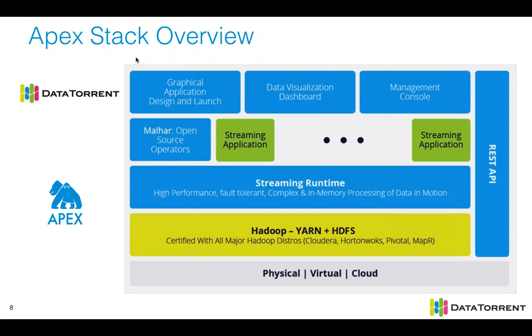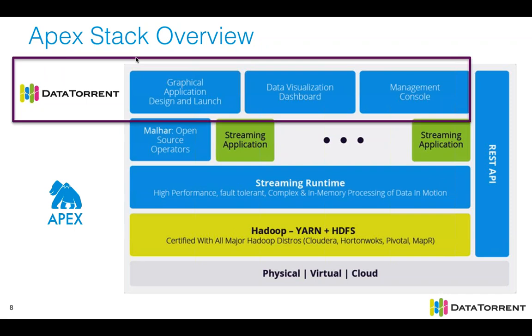And then on top of it, you have the Apex streaming runtime. And on top of it is your application. And on the top level, you'll see some of the value-added tools that DataTorrent provides in its enterprise offering, where we have the management console, that's the operational console. We have a graphical application assembly and a visualization dashboard, if you want widgets to visualize real-time data.